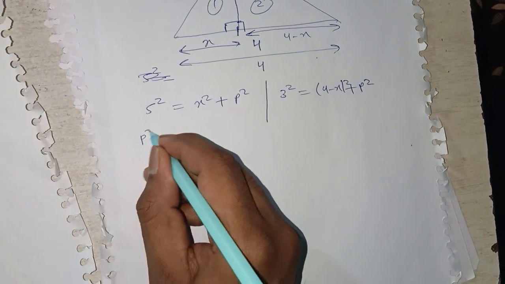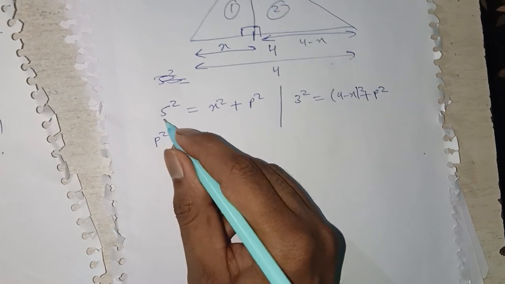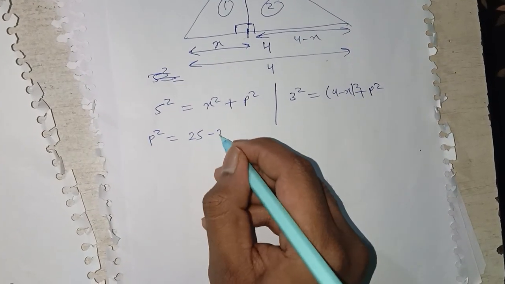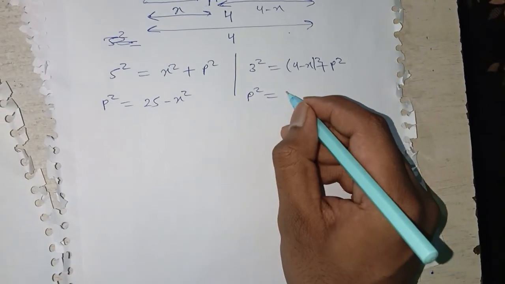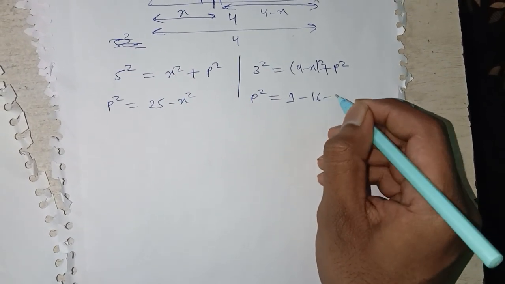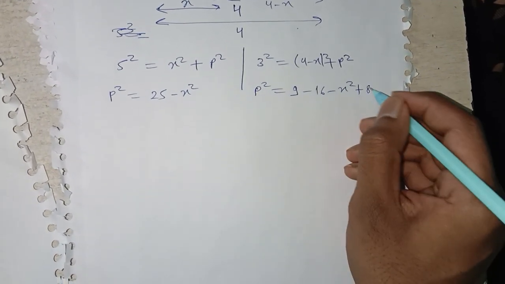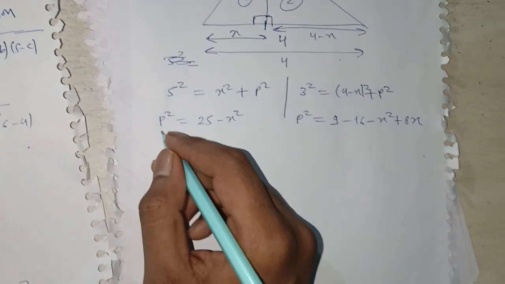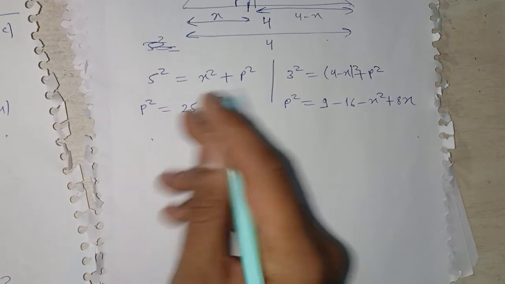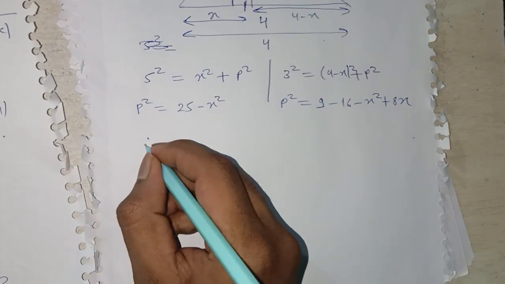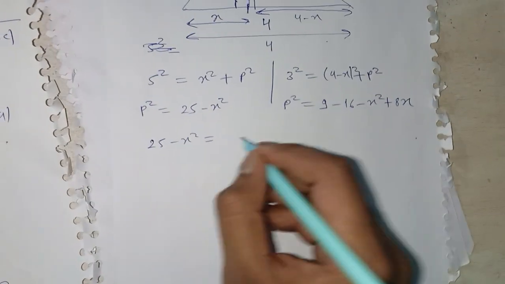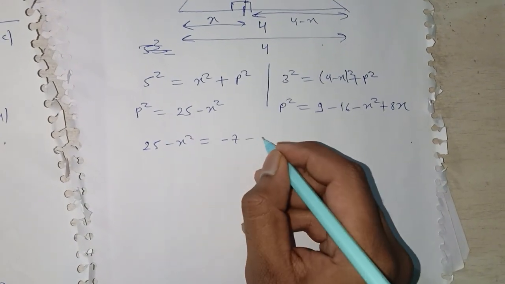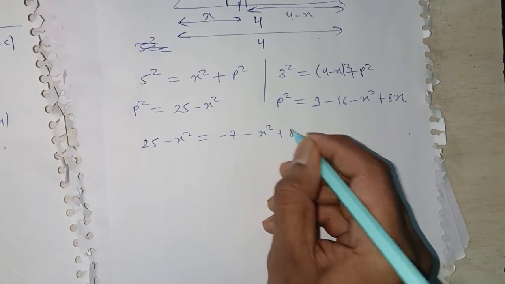Now finding p square: 5 square means 25 minus x square is p square, and here we get 9 minus, 16 minus x square plus 8x. If the left hand side is equal, then the right hand side will also be equal. So 25 minus x square is equal to 9 minus 16, equal to minus 7, minus x square plus 8x.